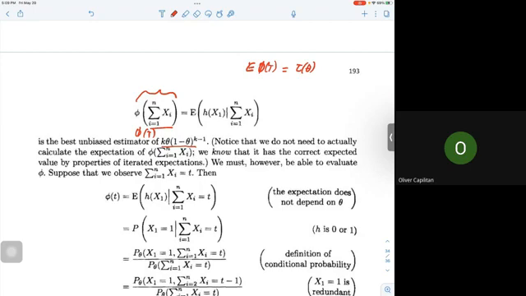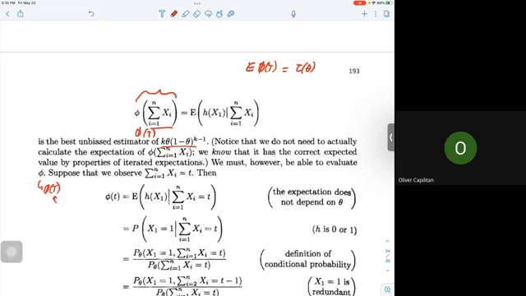phi. Okay, we're going to evaluate our phi. Phi of t, actually, it refers to phi of t. We evaluate the phi of t. So suppose that we observe that the summation of xi, 1 to n, is equal to t, okay, because phi of t, this is the complete sufficient statistic.